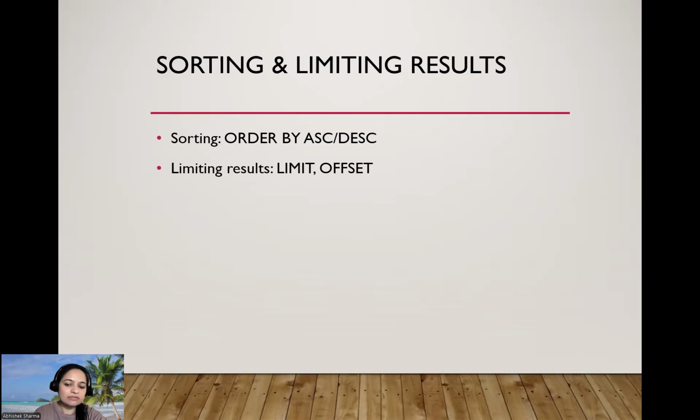The next time the user hits the next page, the second page, we have to show the next 10 records, which should be 11 to 20. Then the query will be SELECT * FROM products LIMIT 10, because we are fetching only 10 records, and OFFSET 10. Why offset 10?